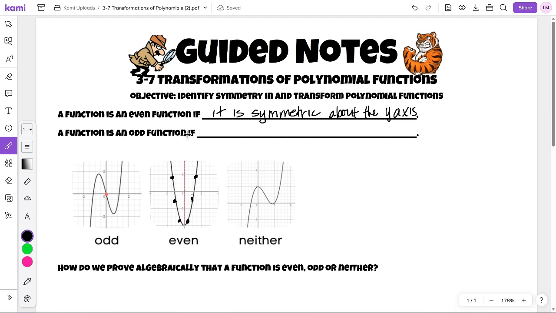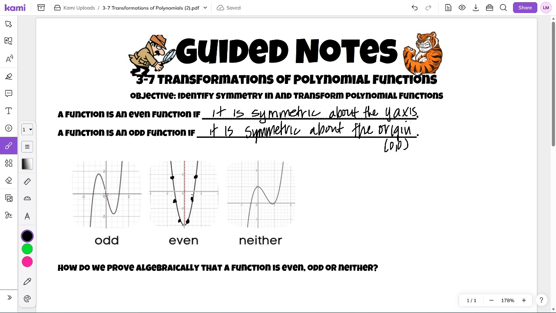If it's an odd function, it will be symmetric about the origin. The origin is 0, 0.